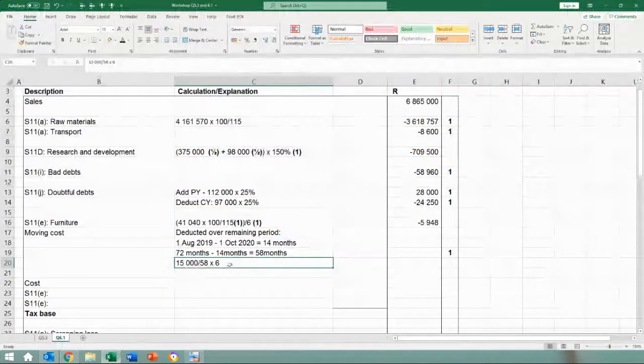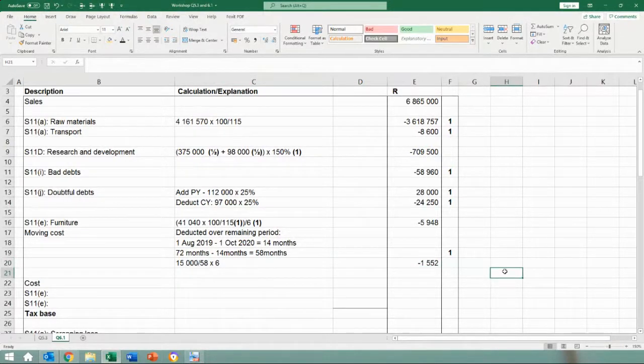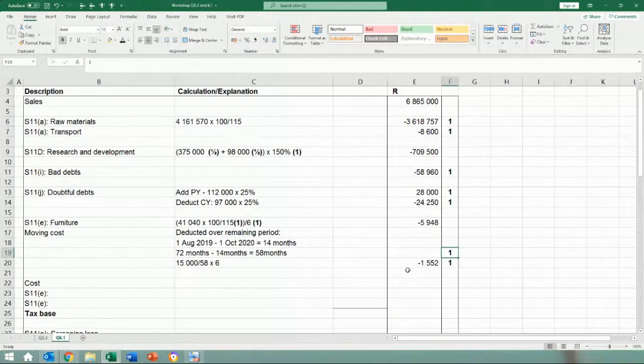Therefore, we multiply it by the 6 months to get to an amount of 1,552 Rand. So you would have received 1 point for your 58 months, and 1 mark for the physical calculation in this scenario.